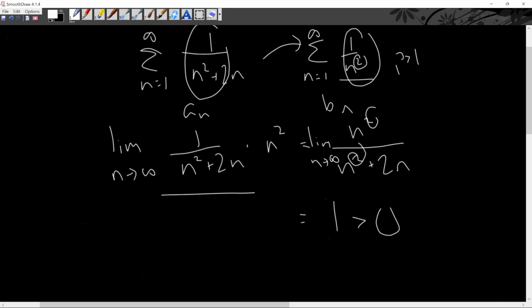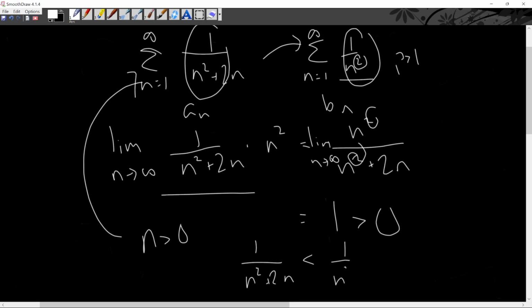And again, this could also be considered a direct comparison, right? Since n is greater than 0 for all n, as we defined up here, 1 over n squared plus 2n is always going to be less than 1 over n squared, because this denominator is going to be greater than this denominator if n is greater than 0. So we could just say that since this converges, then by the direct comparison test this converges.